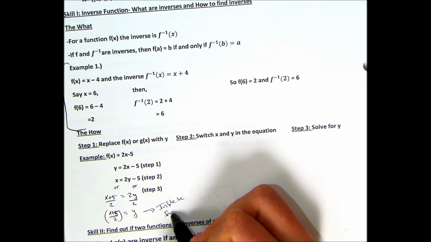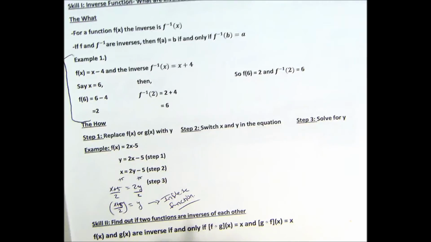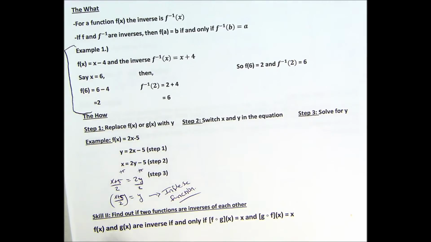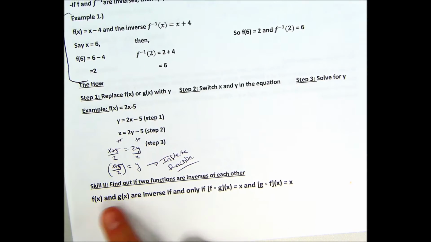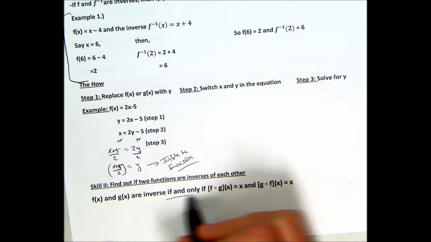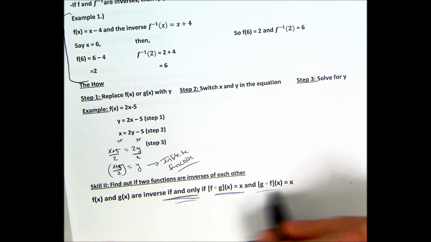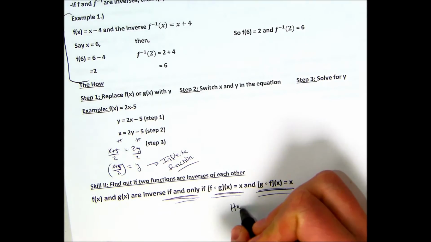That's going to be one of the skills that you're going to have in your homework. The other skill is finding out if two functions, f of x and g of x, are inverses of each other. That's if and only if their composition, what we did yesterday, both have to equal exactly x.